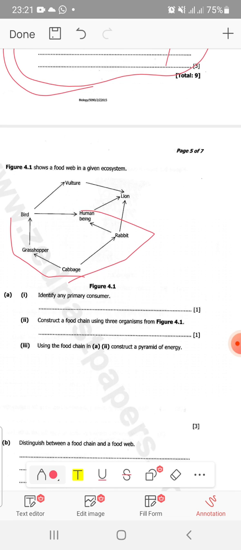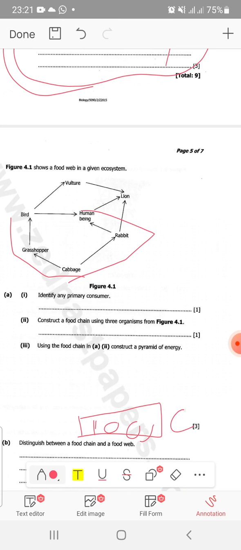To construct it, you're going to draw a pyramid like this. This is going to be your first level, with, as an example, 100 joules of energy.